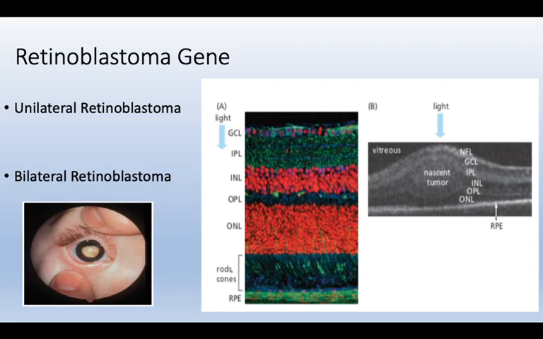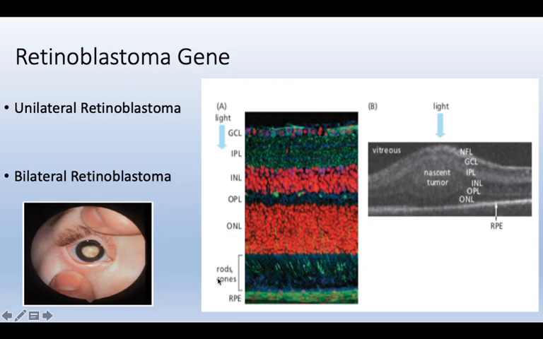Once the tumor is present inside the eye, the tumor formation may be of two types. Either it involves both eyes, which is called bilateral retinoblastoma, or if there is one eye involvement, this is unilateral retinoblastoma. The picture you are looking at right now shows an optic nerve extension. If you look at part A, you can see the retinal pigment epithelial cells, followed by rods and cones.